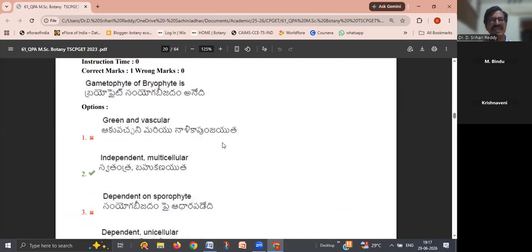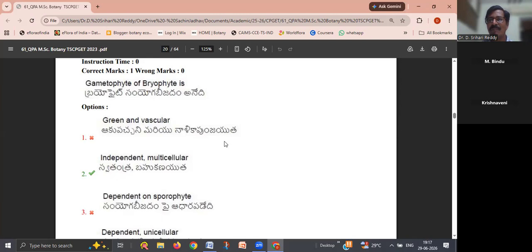Next, gametophyte of bryophyte is. So from the bryophytes onwards, we see alternation of generations in the life cycle. What does it mean? We see both gametophyte and sporophyte in the life cycle.